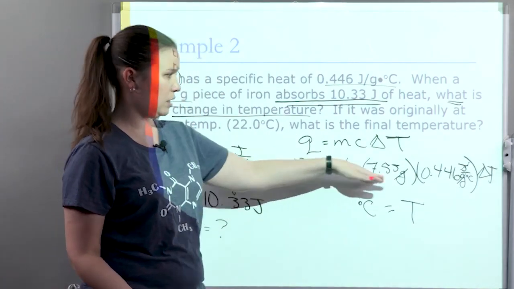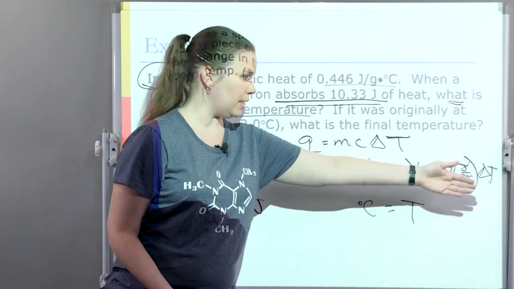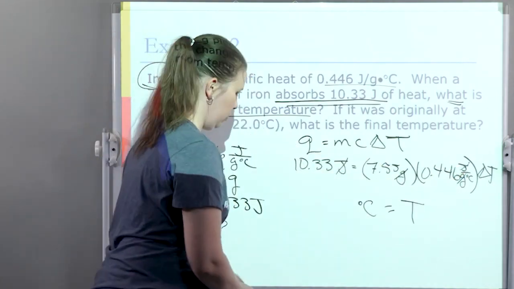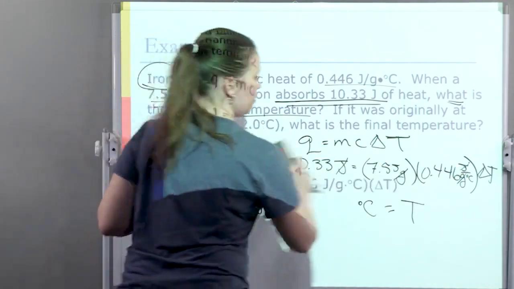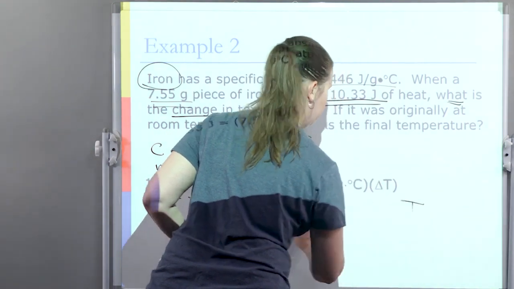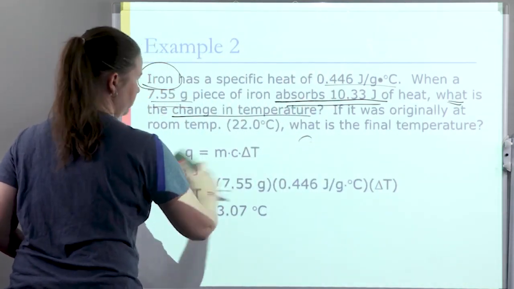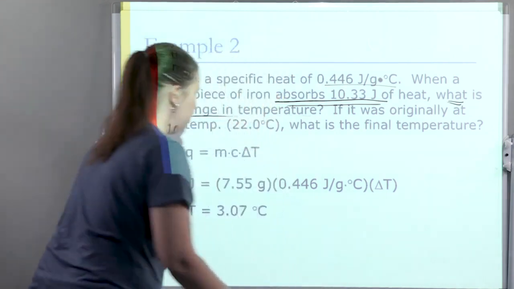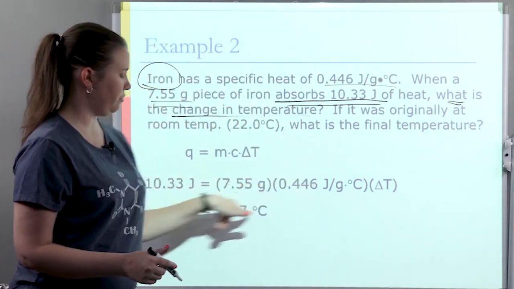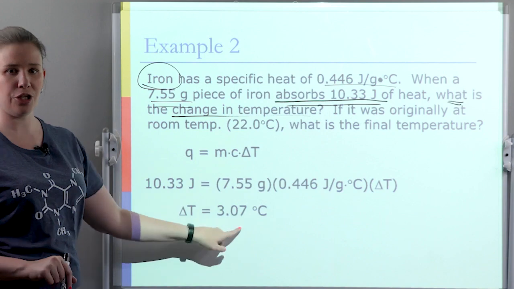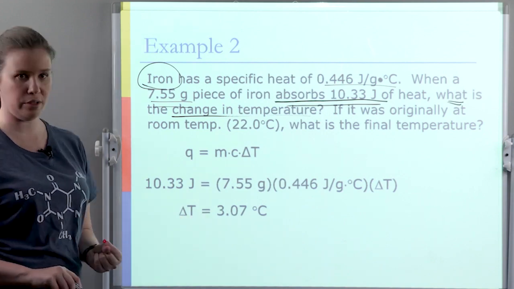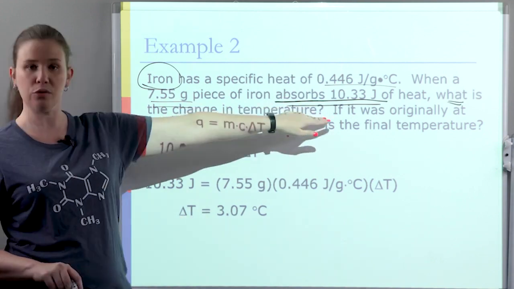What is 10.33 divided by each of these numbers to get the delta T? So let's go ahead and see what we get math-wise in the calculator for our delta T. Okay, so when you divide to isolate delta T, we get a change of 3.07 degrees Celsius, which is the answer to our first question.